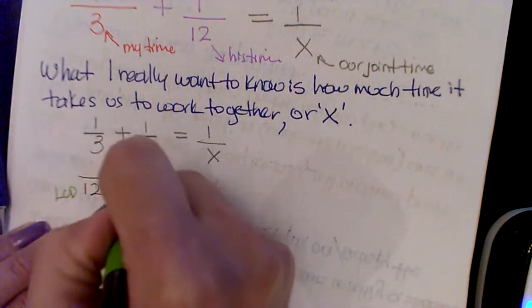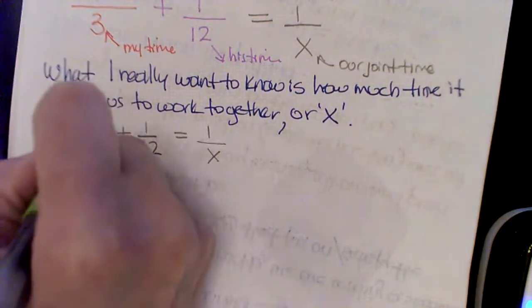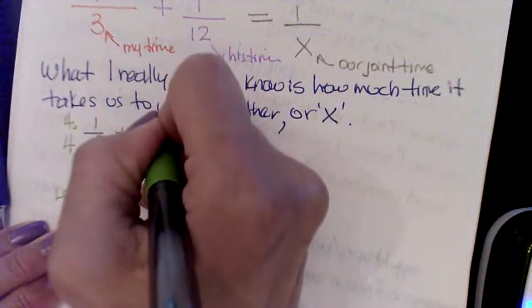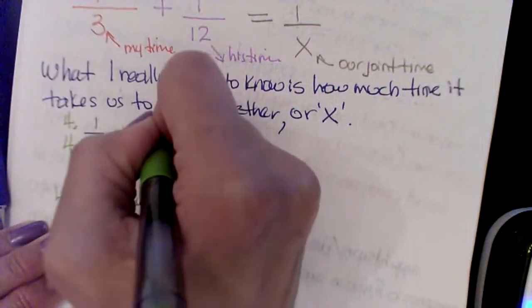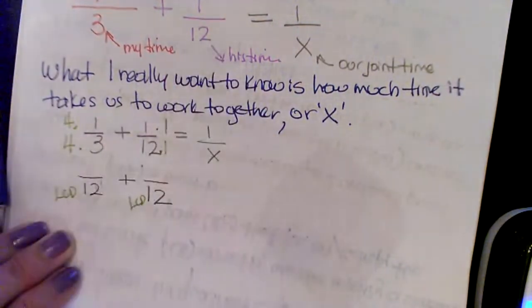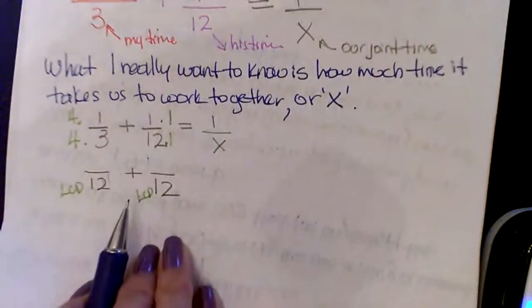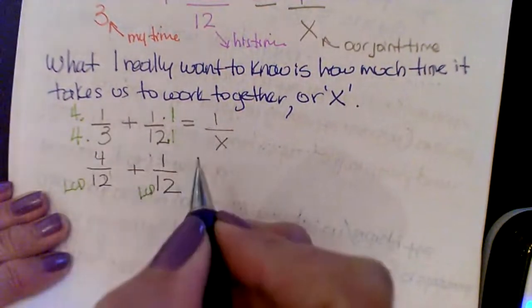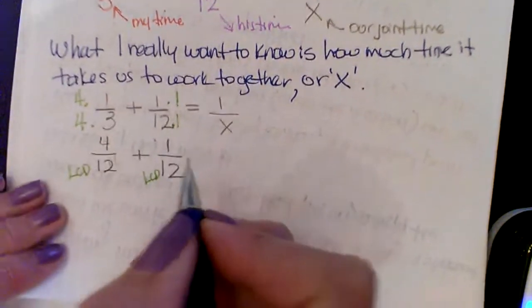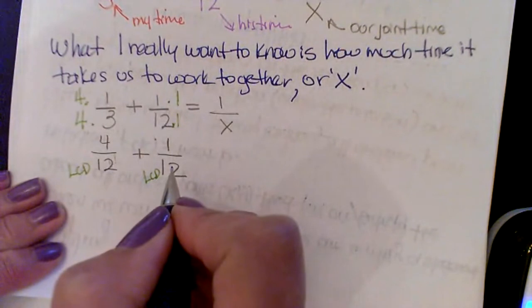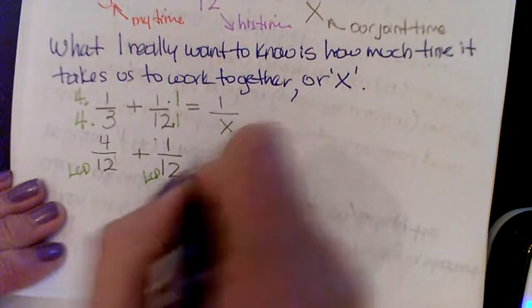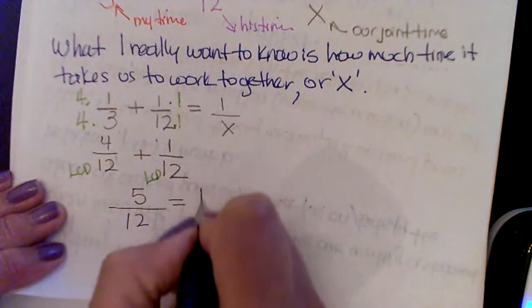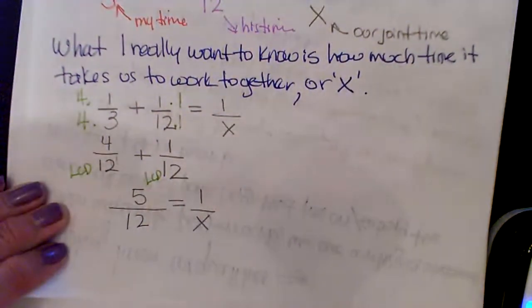What do I need to multiply 3 by? 4, and 12 by 1. So what do I have there? 4 plus 1, so this is going to be 5/12, equal to 1/x.